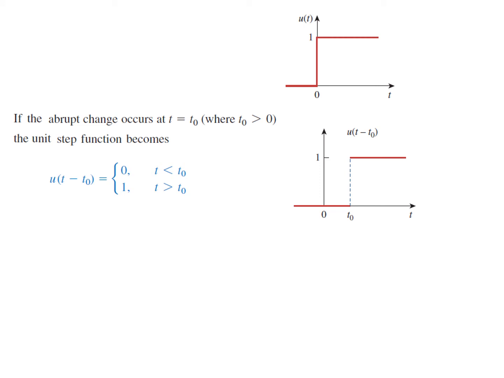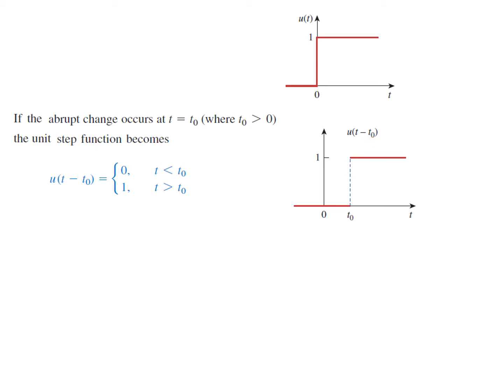Now if we shift the change, it was changing here at t equal to 0. If we bring it to another point, t equal to, let's say, 2 seconds or 5 seconds or 10 seconds, if the change occurs here, then we can say that the function has shifted by t0.